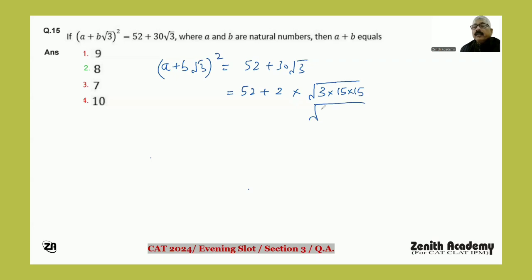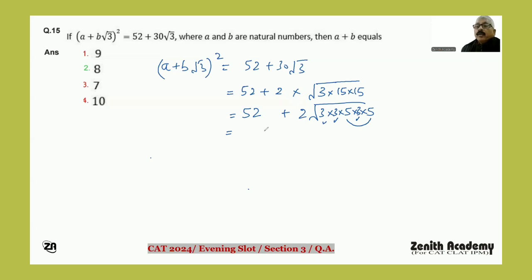Now see, it is like 3 into 3 into 5, 3 into 5, right? Now see, if I take 3 into 9, 3 is 27, and 5 into 5, 25. 27 plus 25 is 52. So now very simple.